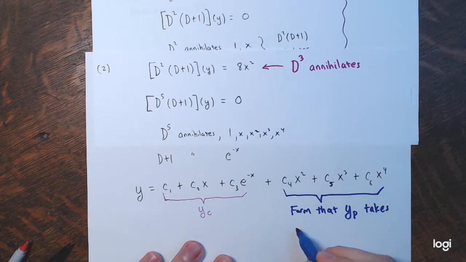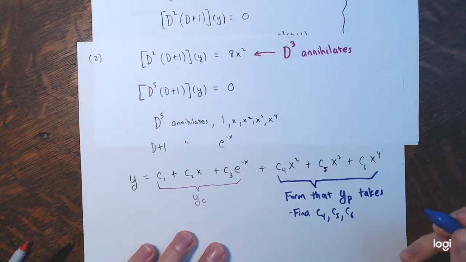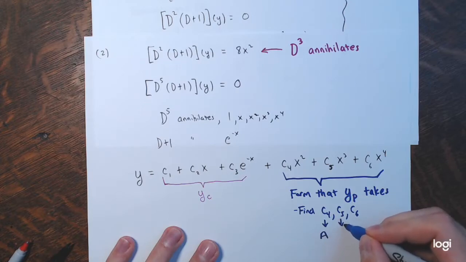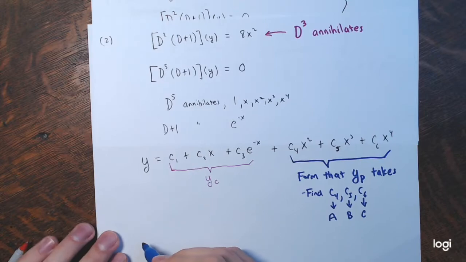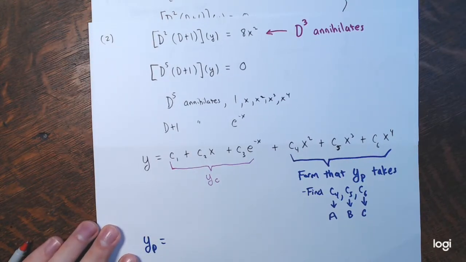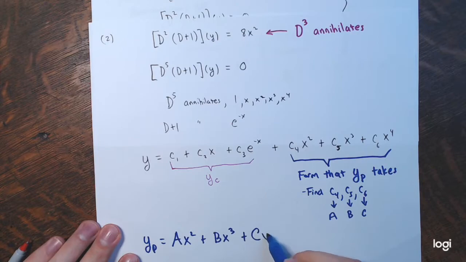And I need to find these constants, c4, c5, c6, which, just to save on writing, I'm going to call capital A, capital B, and capital C. So y p, the form a particular solution takes, is A x squared plus B x cubed plus C x to the 4th.